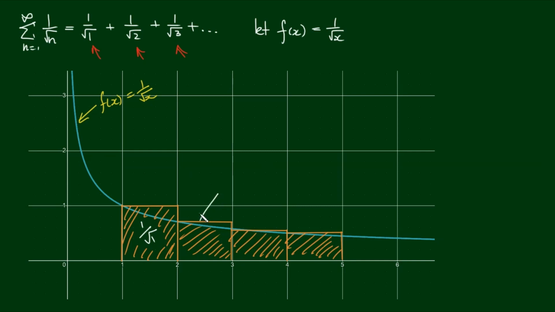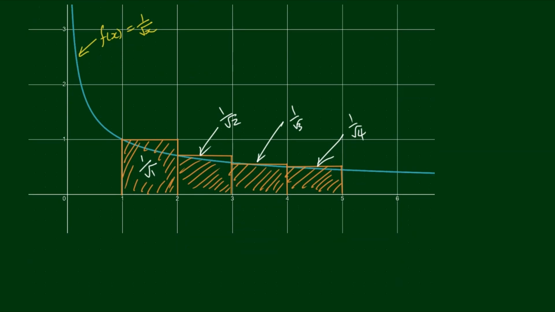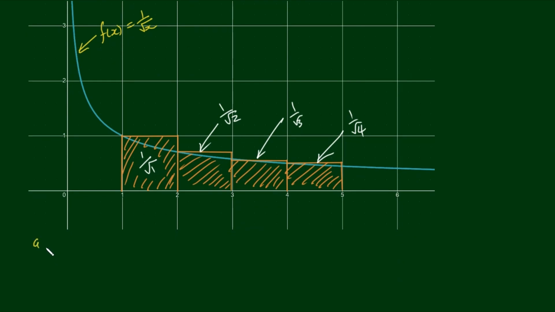And subsequently we've got 1 on root 2, 1 on root 3, 1 on root 4. So from this chart we can see when we add up the first n terms, a1 plus a2 plus a3 up to a sub n, because we have drawn these rectangles above the curve, this is going to be greater than or equal to the integral from 1 to x equals n of the function f of x with respect to x.